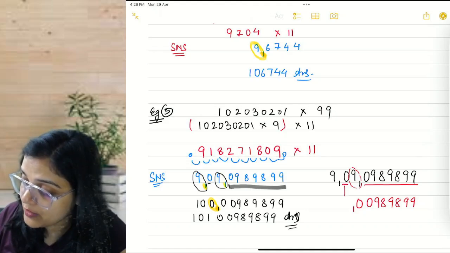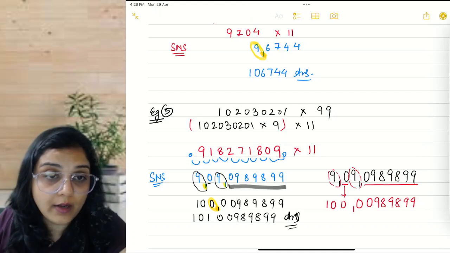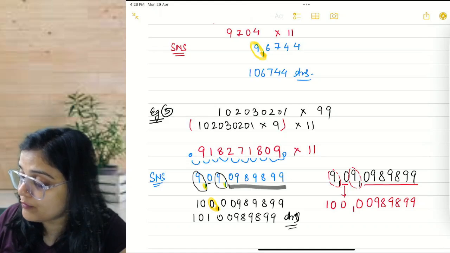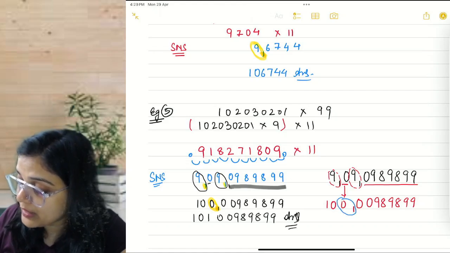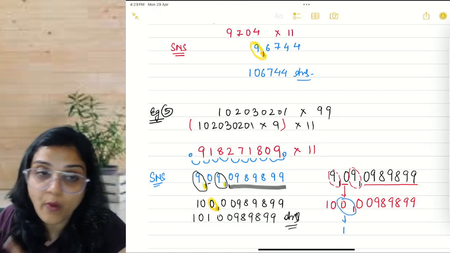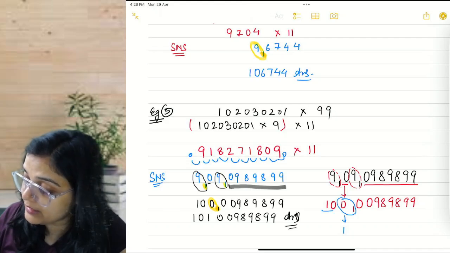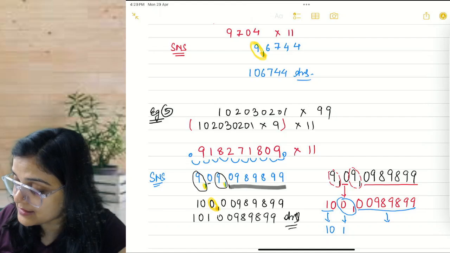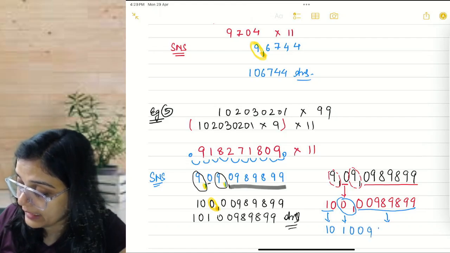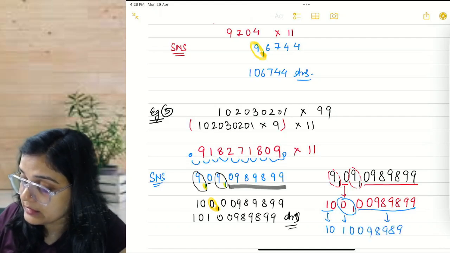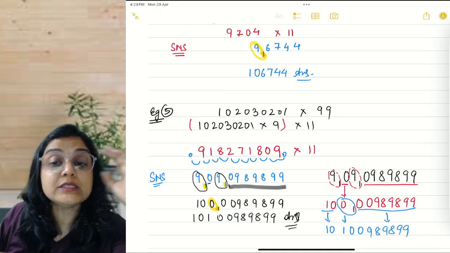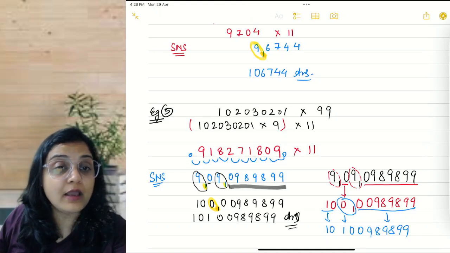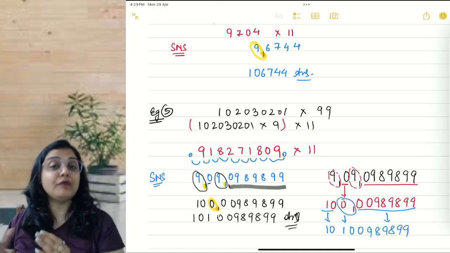This 0 will come down as it is. This 9 and 1 will again become 10. All right, and then in the next step we will balance them also. So this will become 1, 1 plus 0 is 1. Remaining things will come down the way they are. 1 0 1 00 989899. So this is how we multiply a number with a multiple of 11.